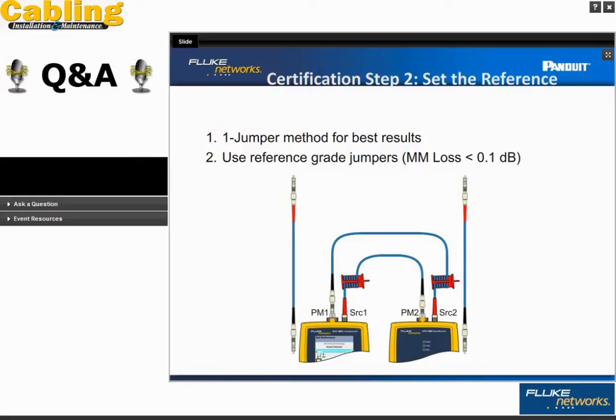So how does Fluke account for bend-insensitive fiber? Well, we use non-bend-insensitive fiber for our test reference cords. And so you can go ahead and use the mandrel that you've always used.